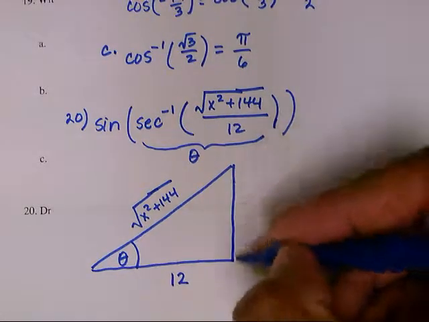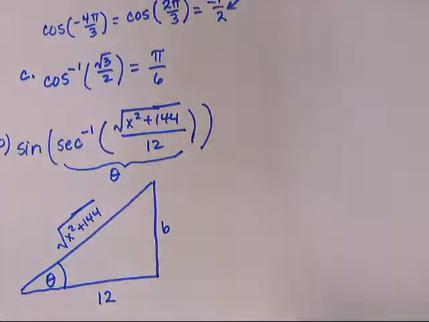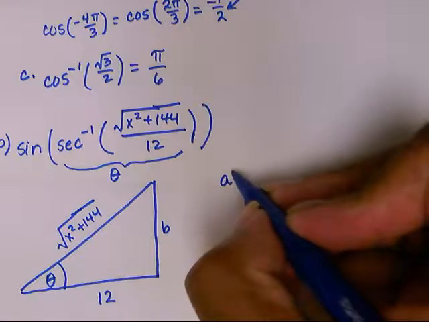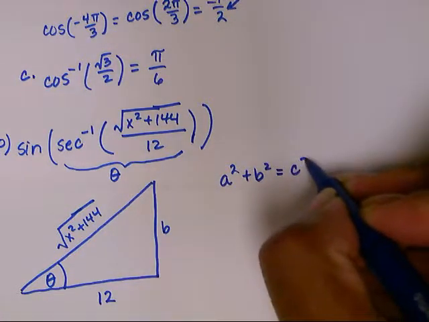So now we need the length of this side right here, which I'm going to call B. Here we use the Pythagorean Theorem: A squared plus B squared is equal to C squared.